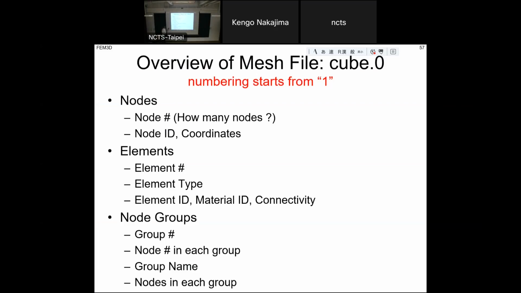Each group includes a number of nodes and node ID and coordinates, or element number, element type, element ID, material ID, and connectivity. Connectivity means information about the nodes which compose each element. Node groups have a group number, group name, and the nodes in each group. So this is a node number in each group. Okay, so I will show you the details.